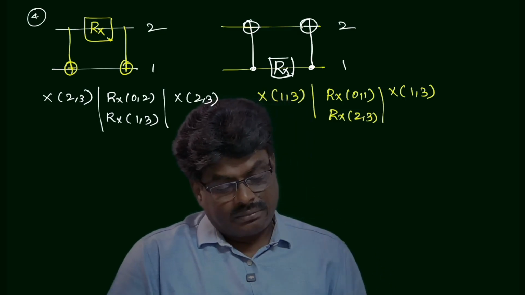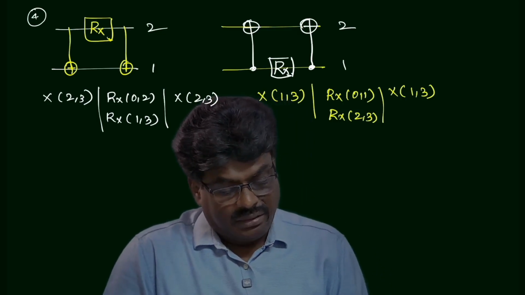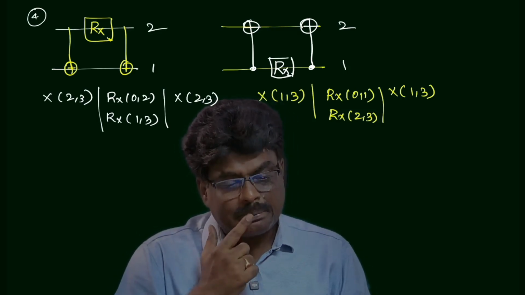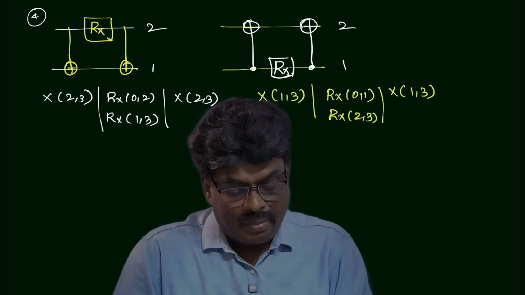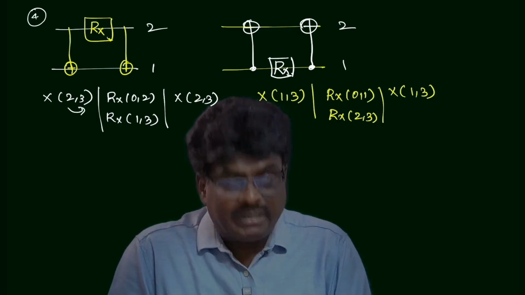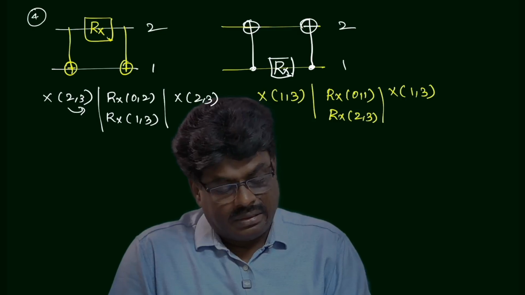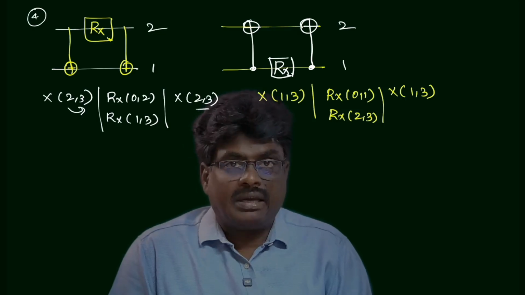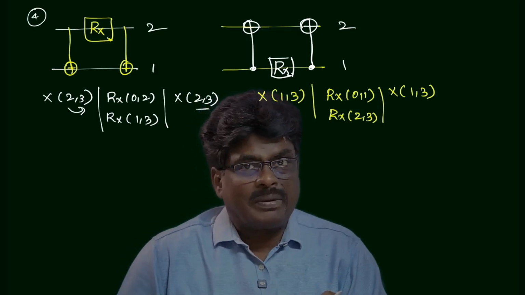Now see, if you observe carefully, here we have x gate 2 comma 3 operations on both sides.